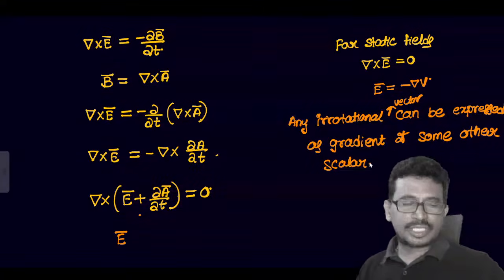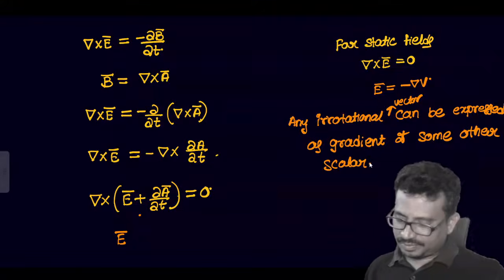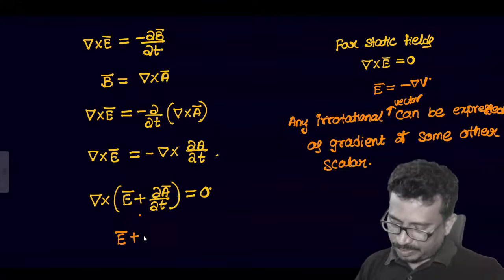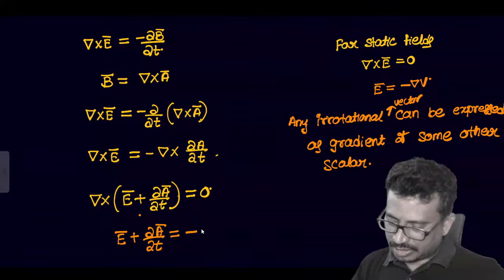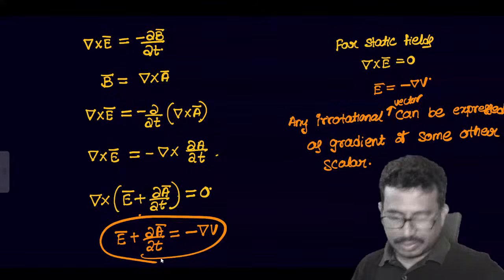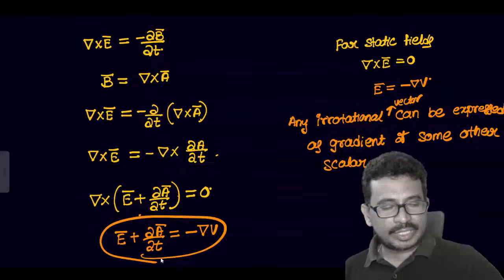Right, here also the same property we write now. So that is E plus dou A by dou T, and this we can write as minus del V, which is equal to minus del V, all of you.